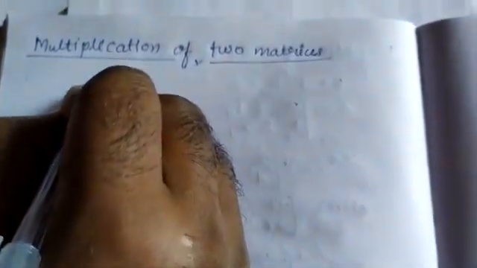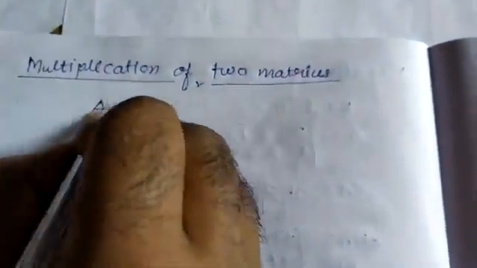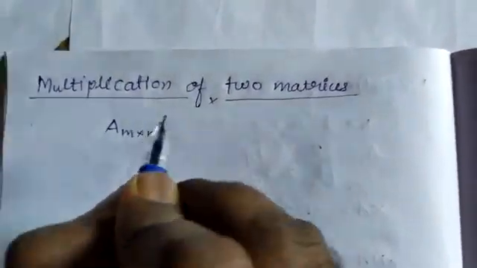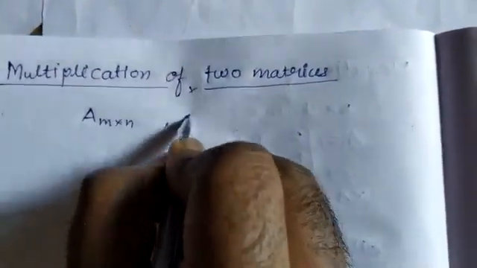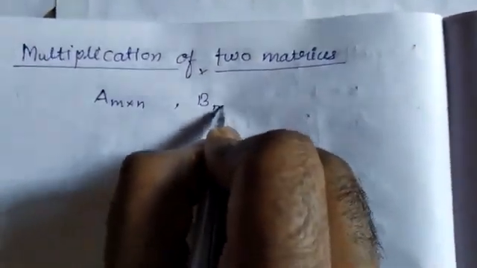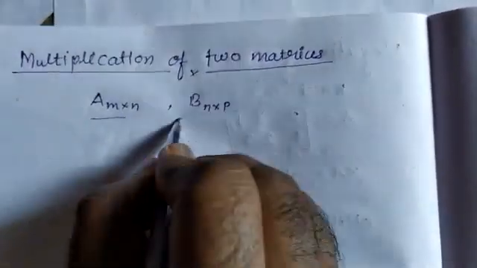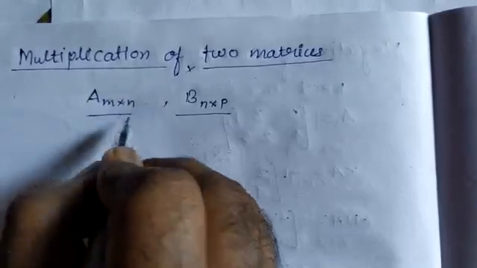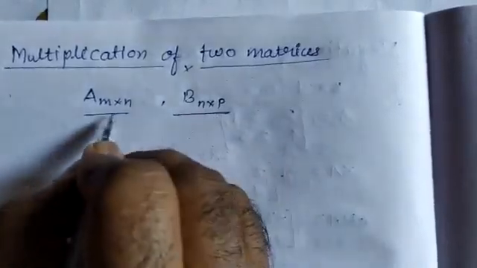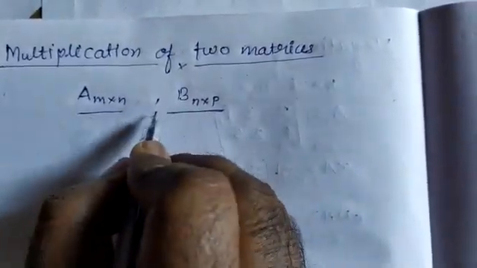If a matrix A of order m cross n and another matrix B of order n cross p are given, how can you say that the multiplication of these two matrices is possible or not?